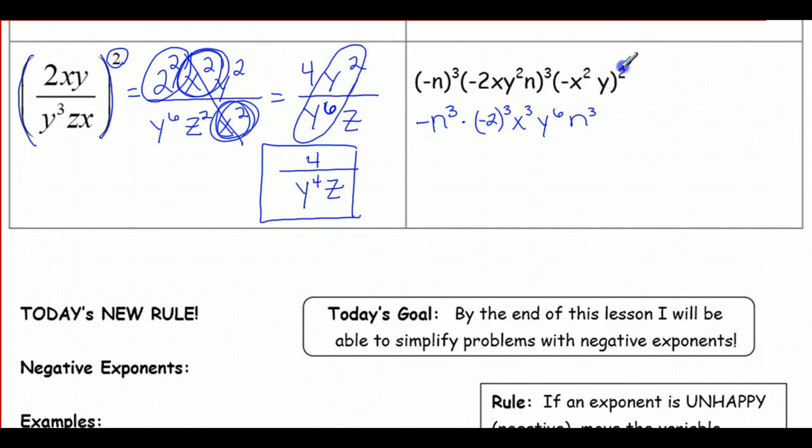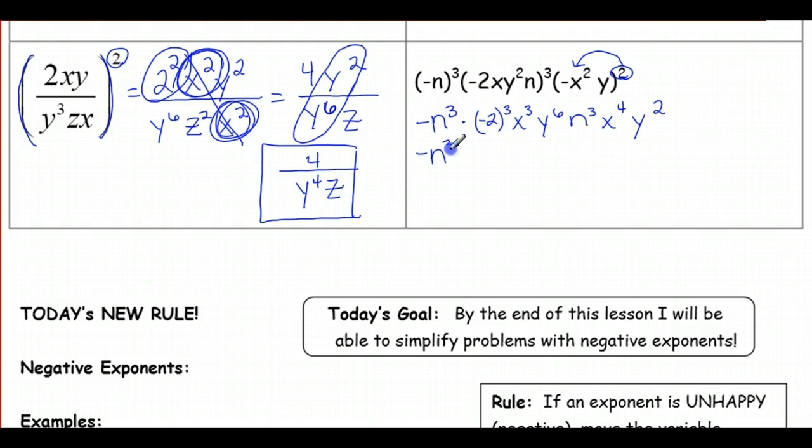Now I'm going to distribute in my 2. And again, remember, anything that is negative with an even exponent is going to become positive. So this is just going to become a positive x to the 4th y squared. Alright, so now I'm going to go ahead and figure out what negative 2 cubed is, which is negative 8.